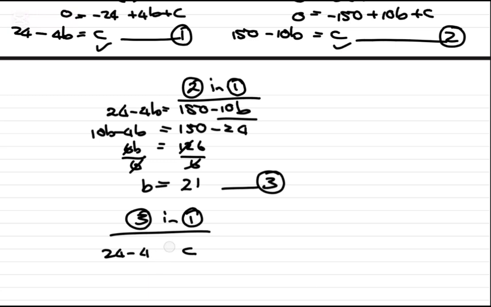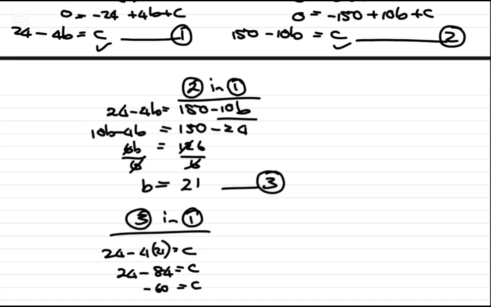B is 21, that's equal to c. So 24 minus, is that 84? I think it is, equals c. So c should be 24 minus 84 should be negative 60. Negative 60. And now we need to find the value of d.